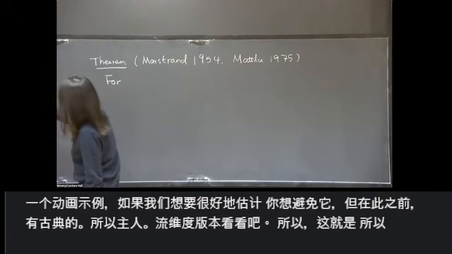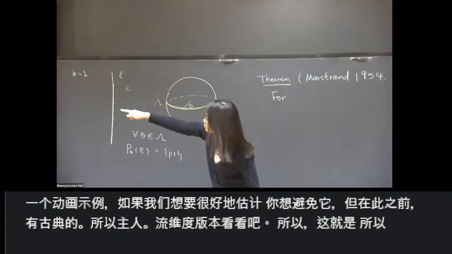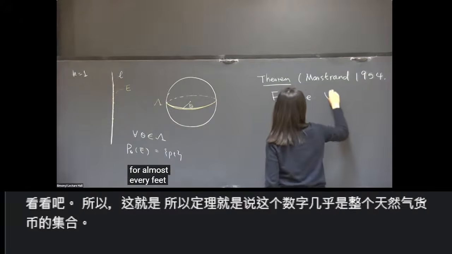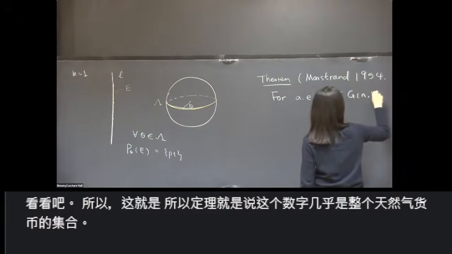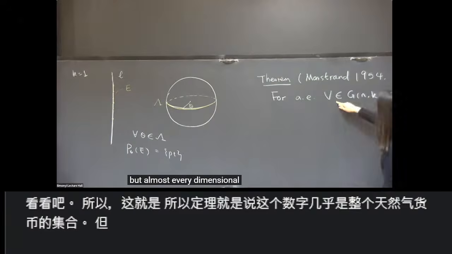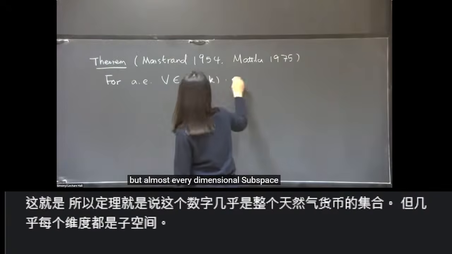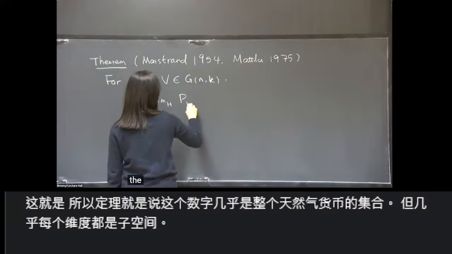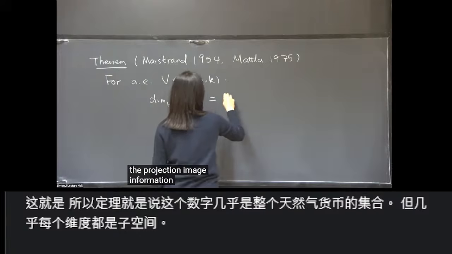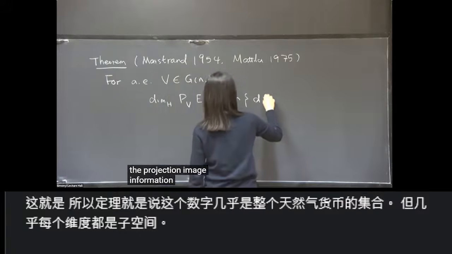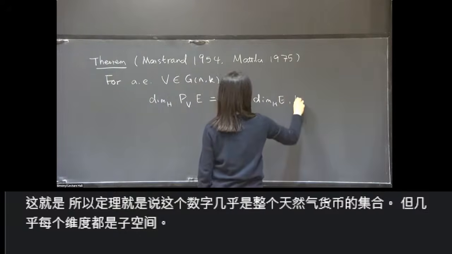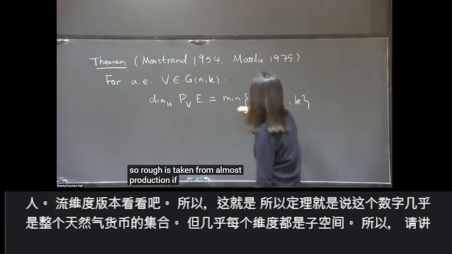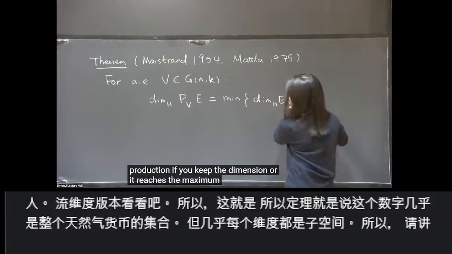Their theorem is about Lambda being the whole Grassmannian: for almost every k-dimensional subspace V, the Hausdorff dimension of the projection image equals the minimum of the Hausdorff dimension of E and k. So roughly speaking, for almost all projections, you keep the dimension, or it reaches the maximum dimension possible.